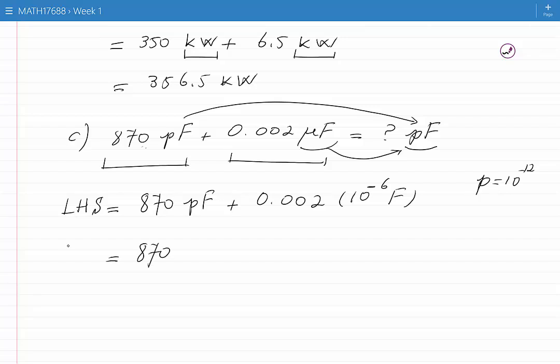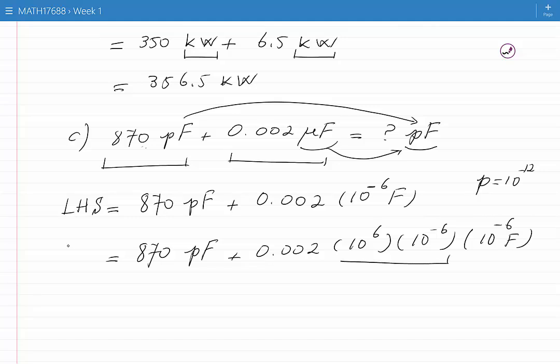We'll keep the 870 picofarads as it is. We'll keep the 0.002, and we'll introduce a 10 to the power of 6, and we'll keep the 10 to the power of minus 6 farads as they are. So the new expression, 10 to the power of 6 times 10 to the power of minus 6, is actually equal to 1. So the actual numerical value of the expression has not changed.